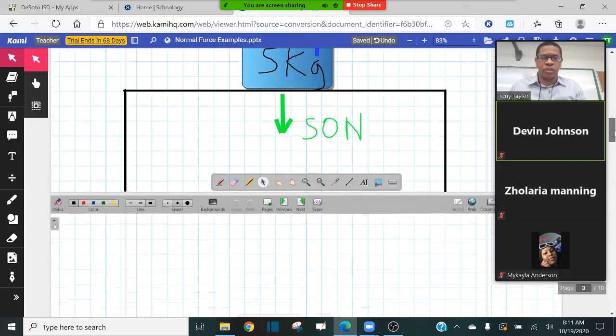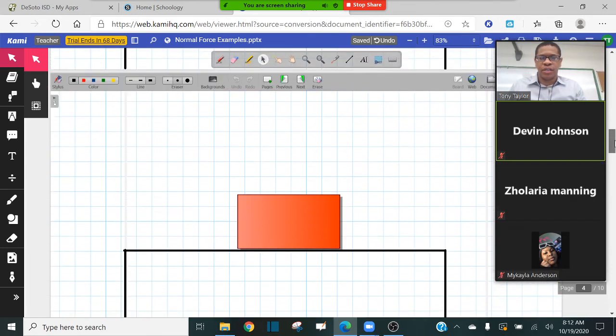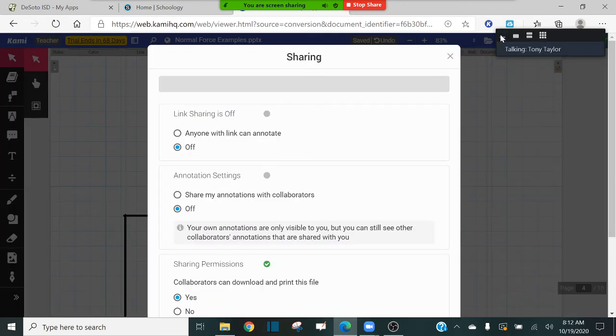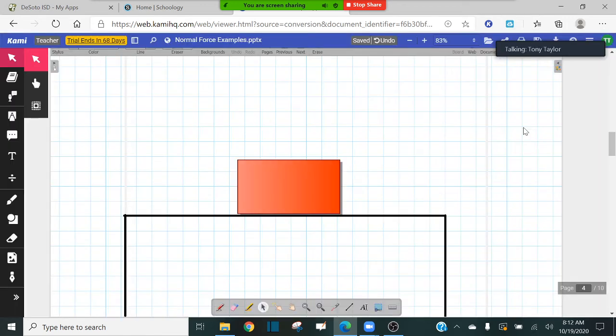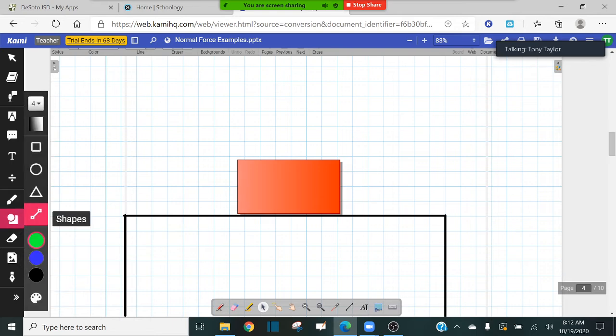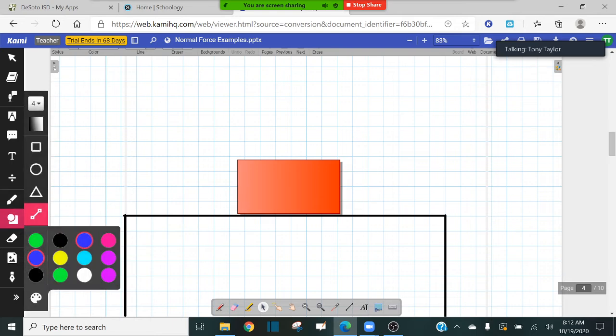Again, the more we do, the better. Let us suppose in this example I have an 8-kilogram box. And again, your problems on your homework will be just like this.